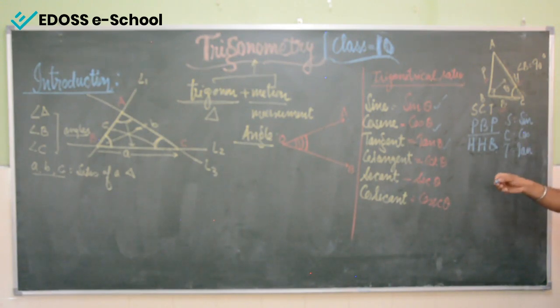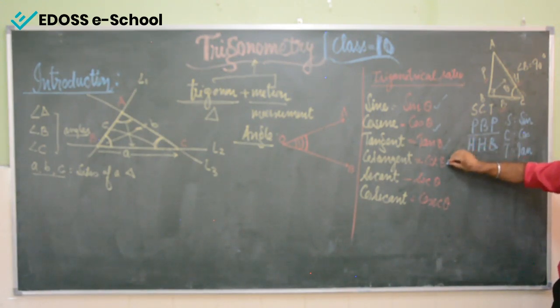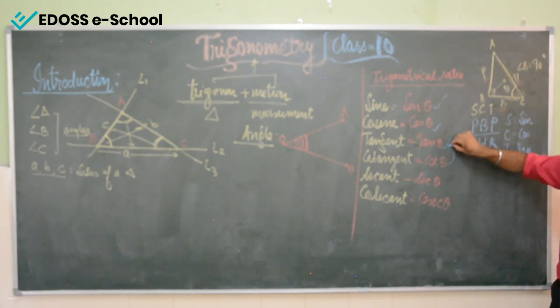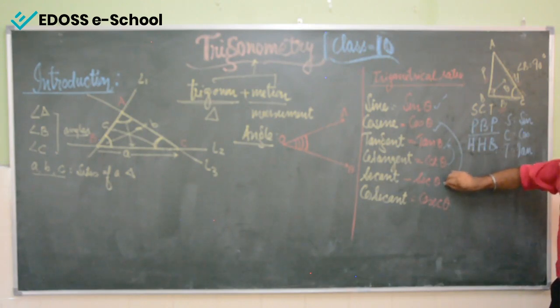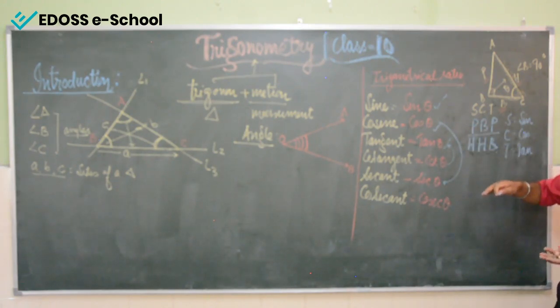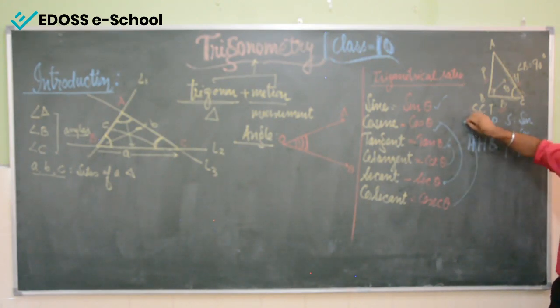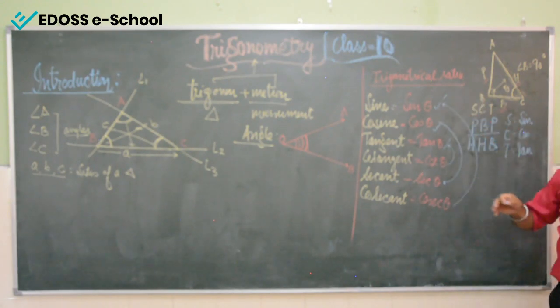Now what we can do, this tan theta and cot theta are the reciprocal of each other. In a similar way, this cos and this sec are the reciprocal of each other, and this cosec and this sine are reciprocal of each other.